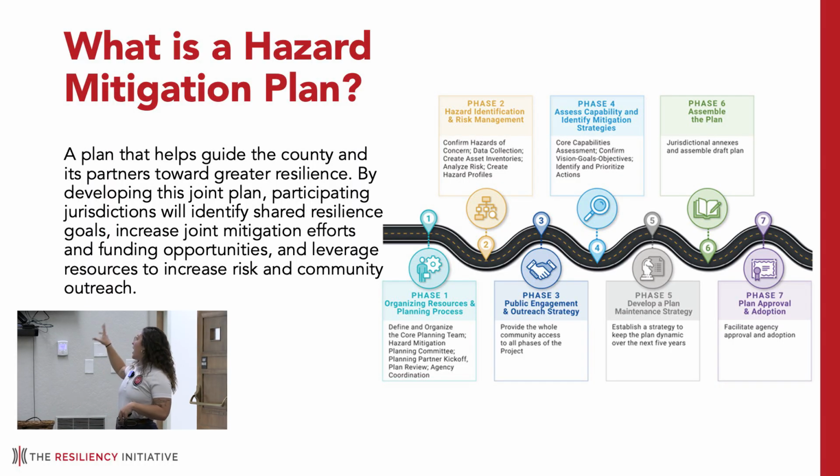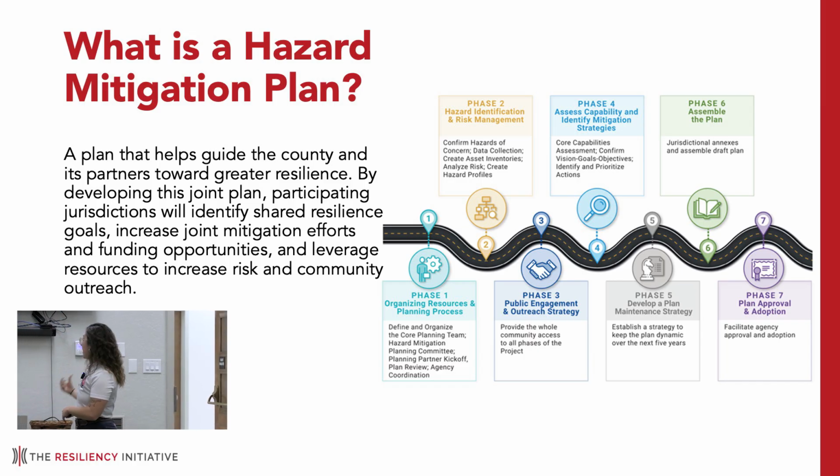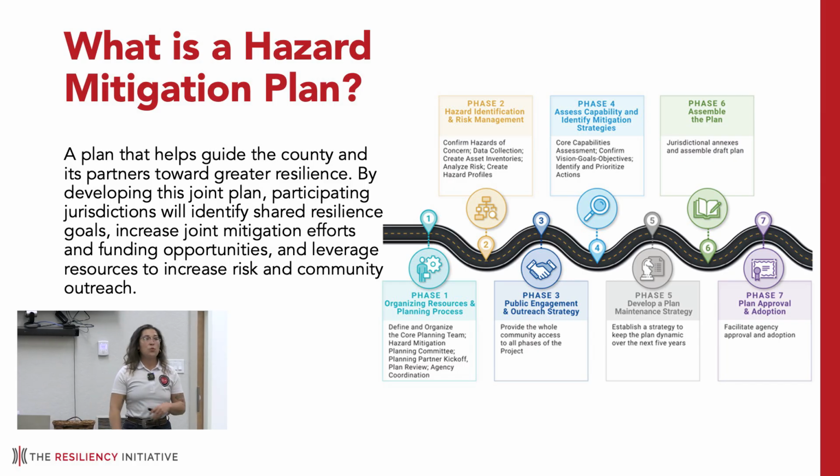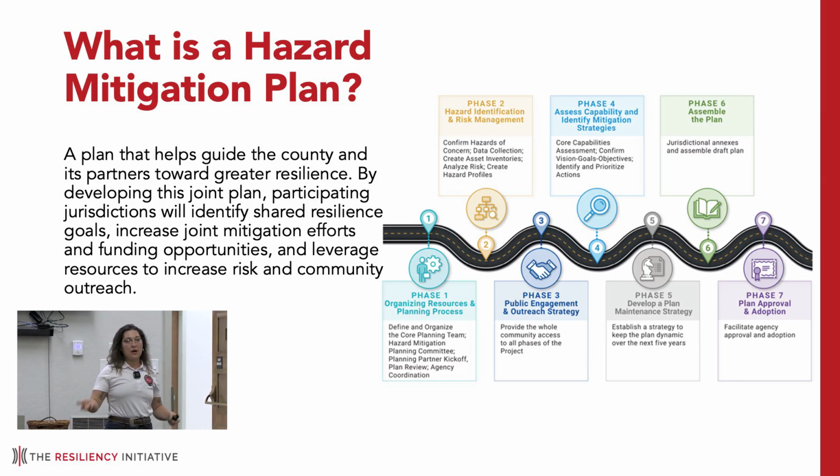Where we're at currently is this in-between of phase 3 and phase 4. In phase 1, what we worked on was coordinating with all of our partners, which we'll get into in a few slides, but really analyzing what already exists, what plans are out there.